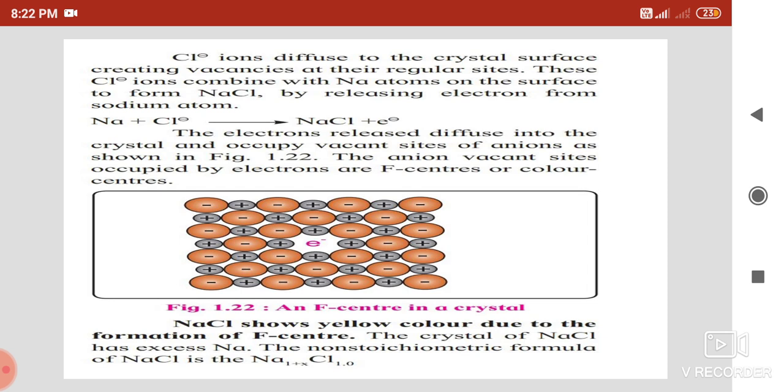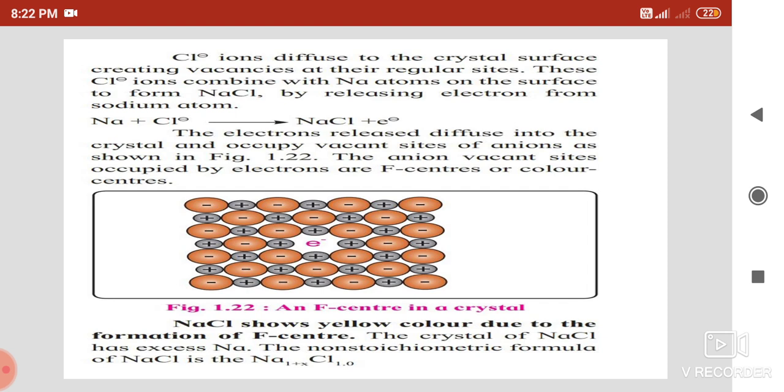You can see in the figure that the released electron occupies the vacant site. The anion vacant sites occupied by the electrons are F centers, or color centers.